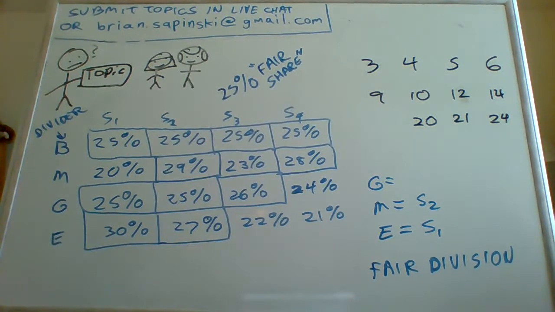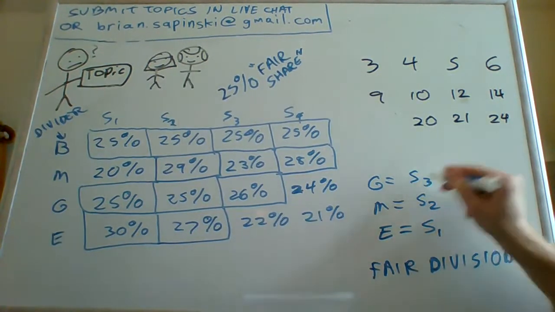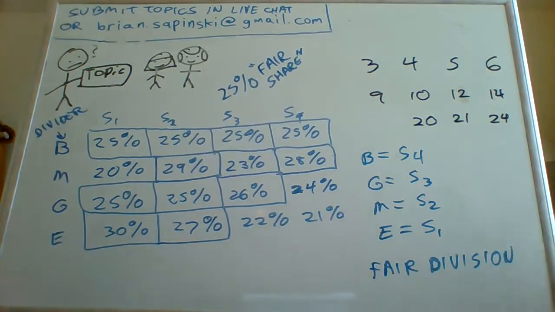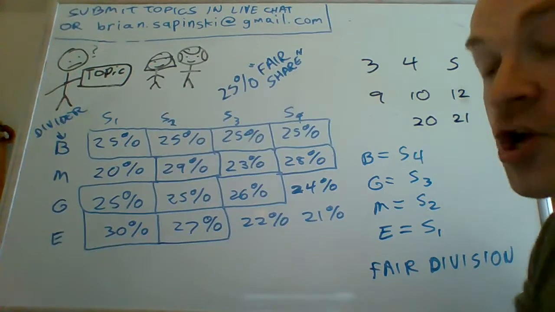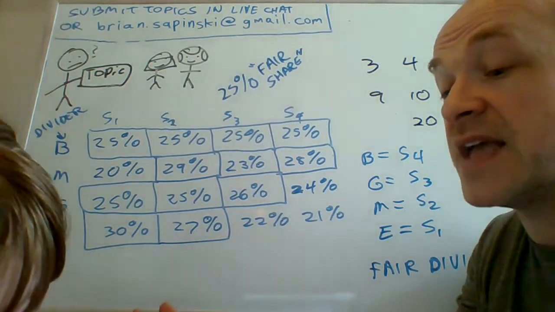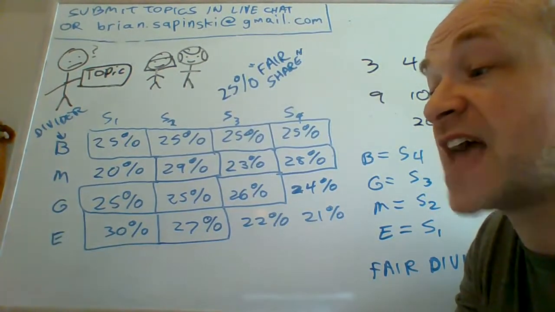So by default, which one would she take? What's the only one? Yeah, 3 is the only one left that she's got, 4. And then you would take share 4, and that would be considered a fair division because everybody left with a portion that to them is at least 25% in value, so everybody left satisfied.